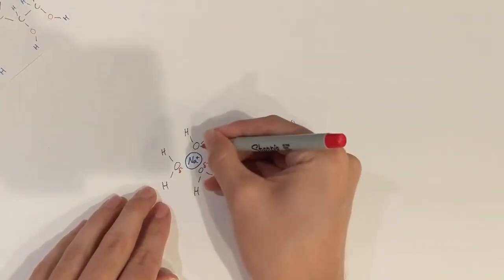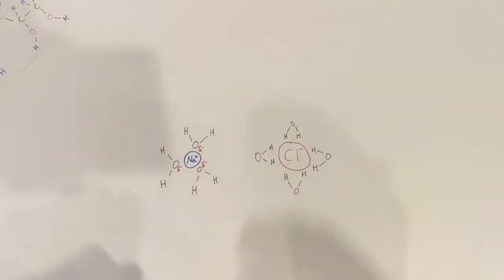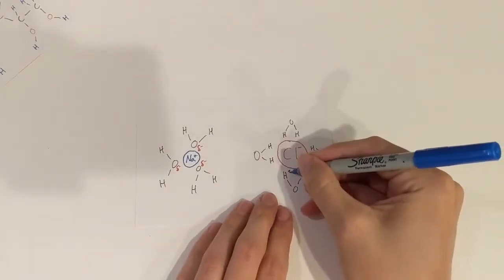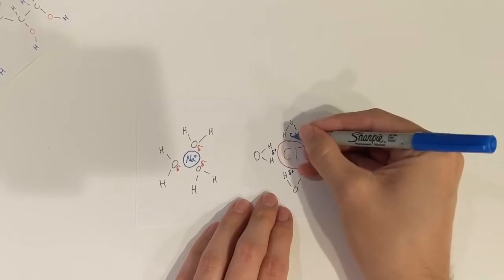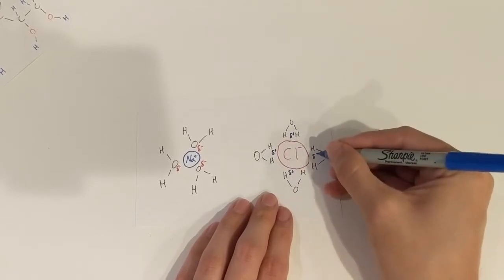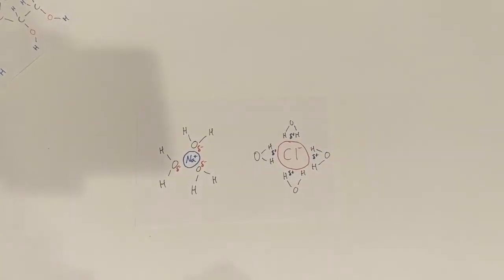So that's why they're attracted to each other. And the negative chlorine ions would have the partially positively charged hydrogen surrounding them. So this is what salt water would look like. And there'd be a lot more water molecules all around.